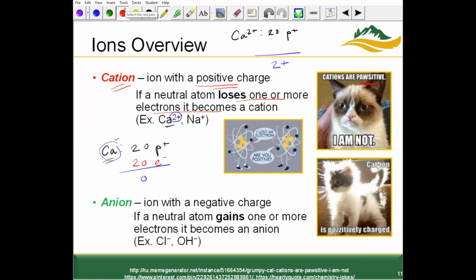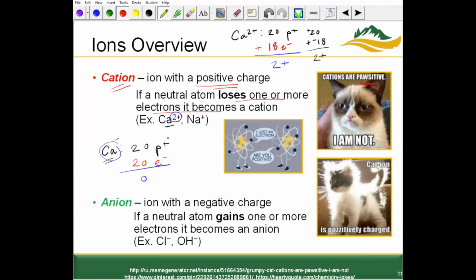For the number of electrons, how many negatively charged electrons does calcium need to have to make this net charge 2+? Well, calcium 2+ can only have 18 electrons.